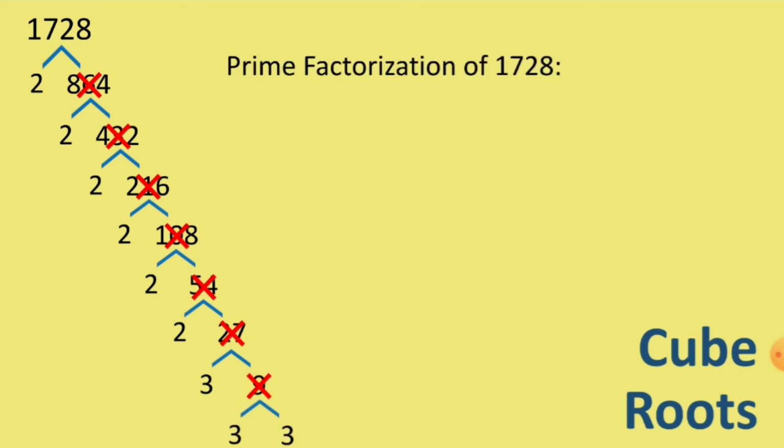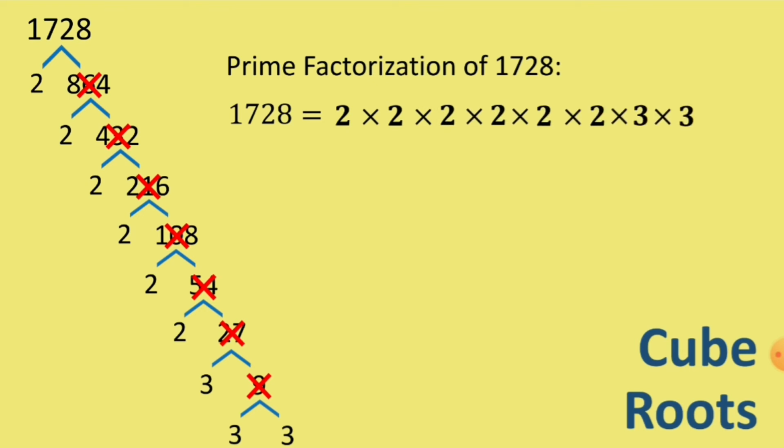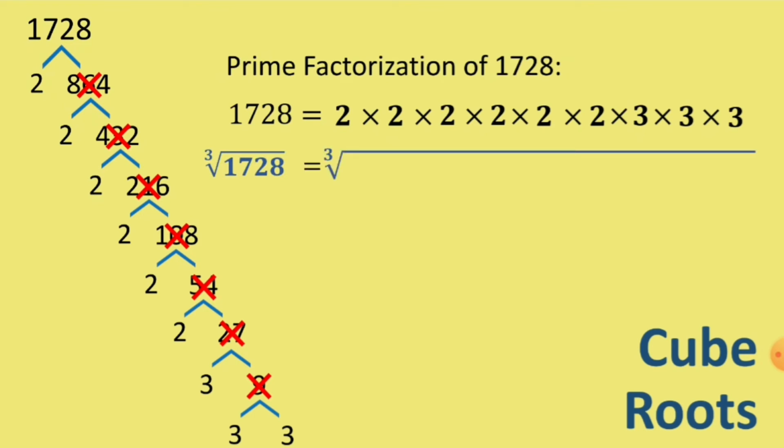So, the prime factorization of 1728 is 2 times 2 times 2 times 2 times 2 times 2 times 3 times 3 times 3. So, we know that the cube root of 1728 is actually the same as the cube root of this prime factorization. 2 times 2 times 2 times 2 times 2 times 2 times 3 times 3 times 3.